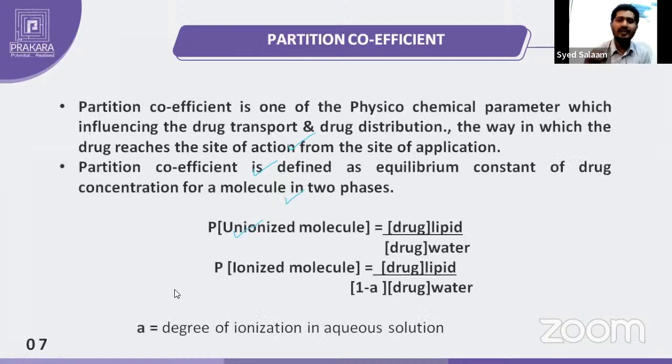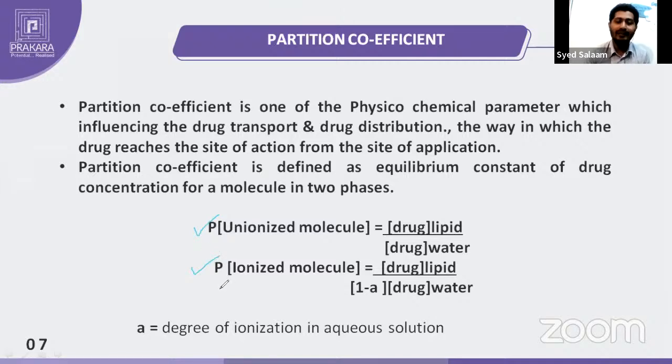Now coming to the next parameter, that is partition coefficient. Partition coefficient is nothing but the concentration of the molecule in the lipid layer and the water layer. The ratio of lipid and water concentration of a drug is called the partition coefficient. In this, we will be seeing both the ionized molecule as well as the unionized molecule.